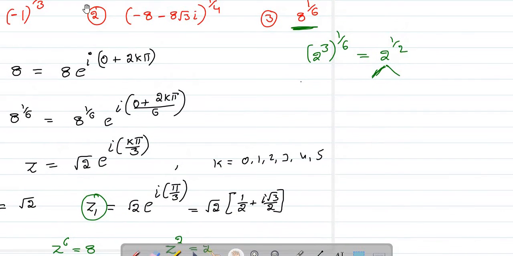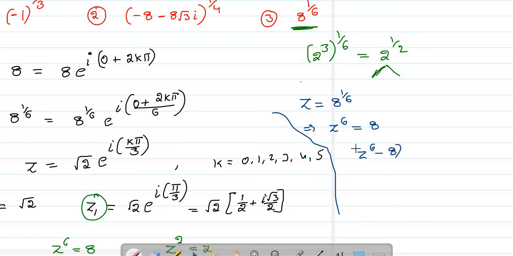Okay, to understand more clearly, let me explain it in a different way. You are given this equation, sir, z equal to 8 power 1 by 6, right? So this can be written as z power 6 equal to 8. So this can be simplified to z power 6 minus 8 equal to 0.